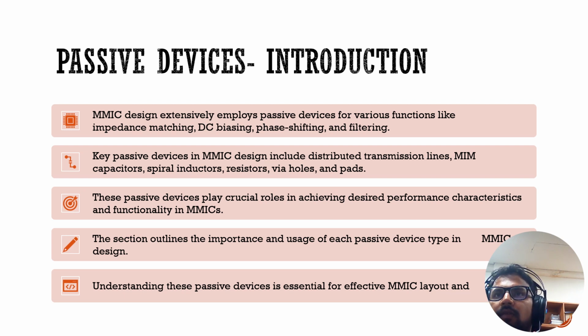Key passive devices in MMIC design include distributed transmission lines, MIM capacitors, spiral inductors, resistors, via holes, and air bridges. These passive devices play a crucial role in achieving desired performance, characteristics, and functionality of MMICs. The section outlines the importance and uses of passive device types in MMIC design. Understanding these passive devices is essential for effective MMIC layout.